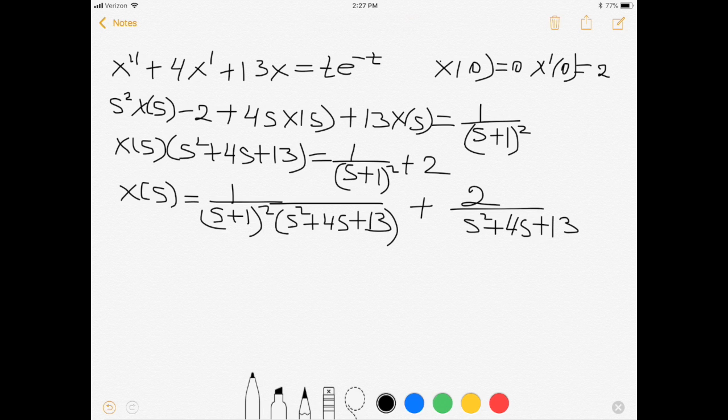I'm dividing separately because my second fraction is almost ready, and the first fraction is very simple. We will use partial fractions; it will be easier to find the coefficients. Rewrite my fraction 1 over (s plus 1) squared times (s squared plus 4s plus 13).